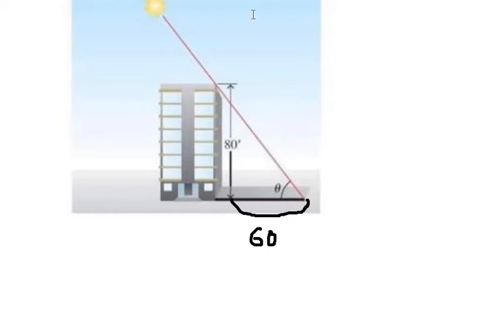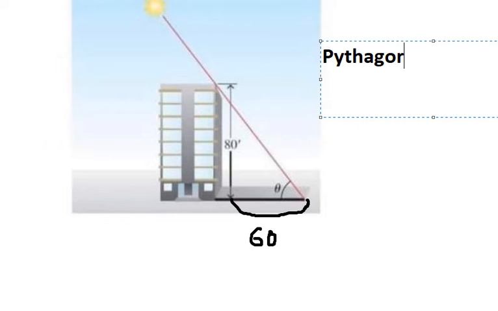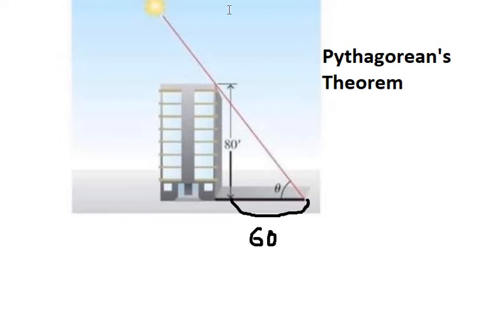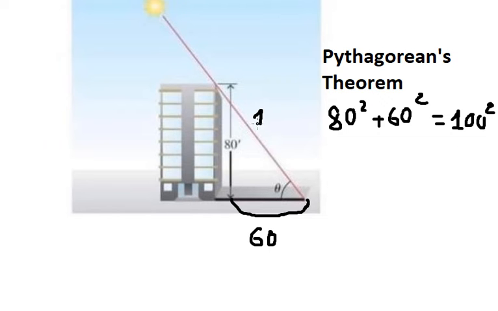We can use the Pythagorean theorem. So that should be 80 squared plus 60 squared equals 100 squared. And we know that this one is about 100.